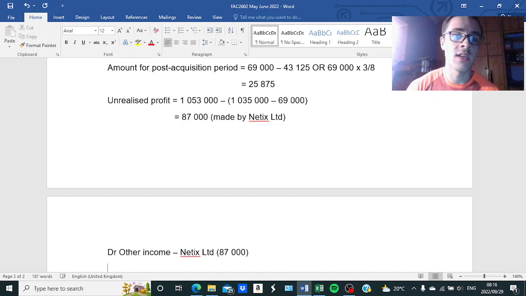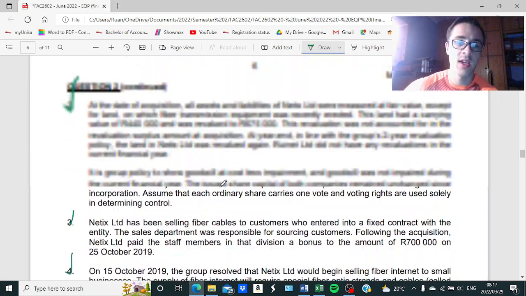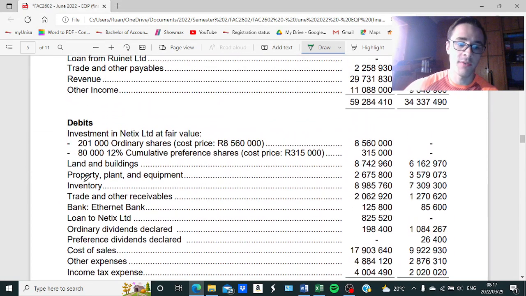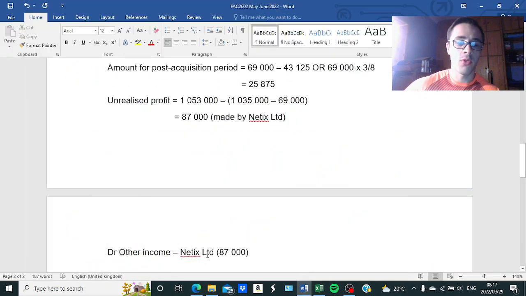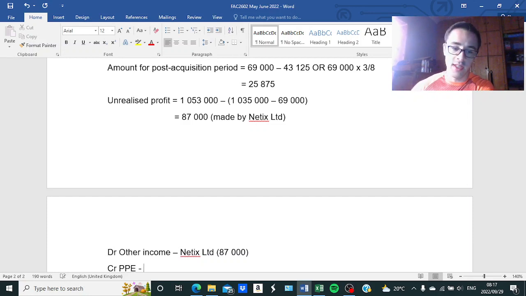Remember that the profit is included in the equipment of Runet Limited, and according to your trial balance, they have only given us the item of property, plant, and equipment, aside from land and buildings. So therefore, you will credit PPE, or property, plant, and equipment, for Runet Limited by the same amount of 87,000.